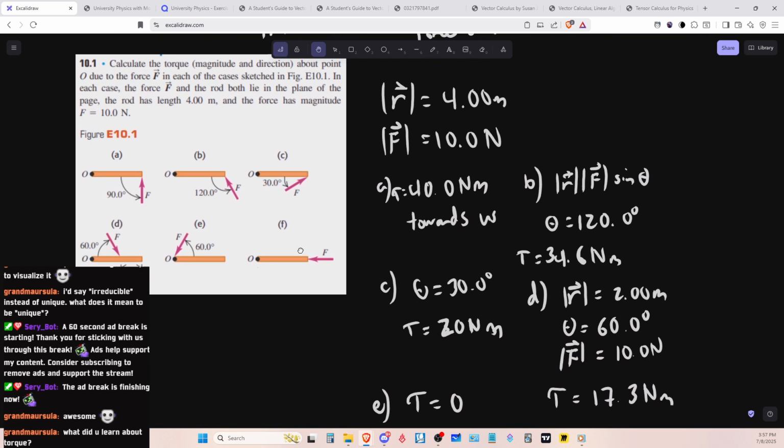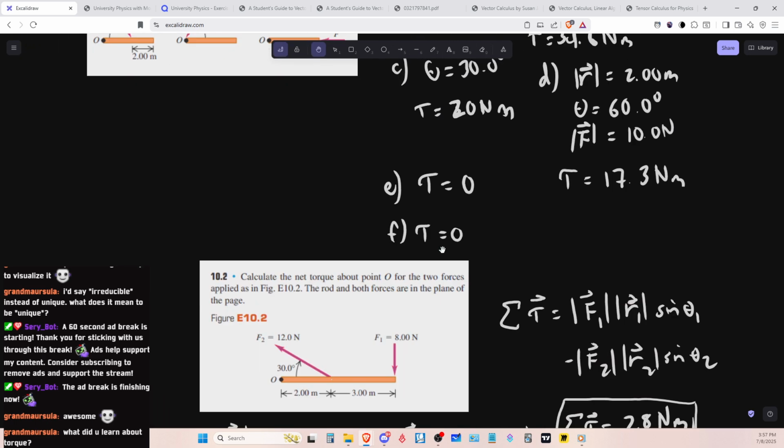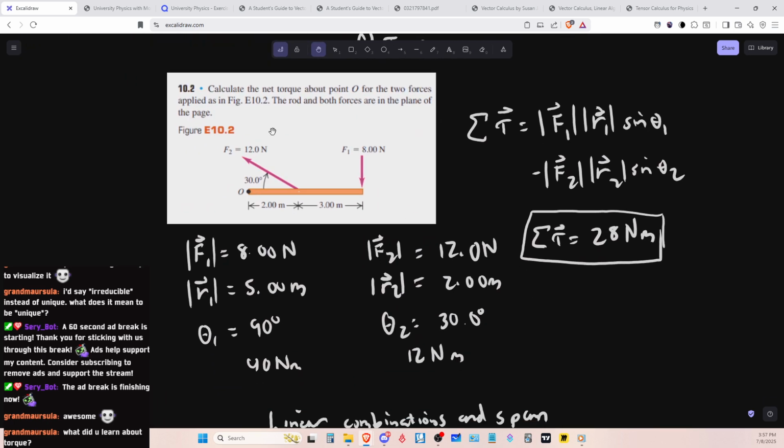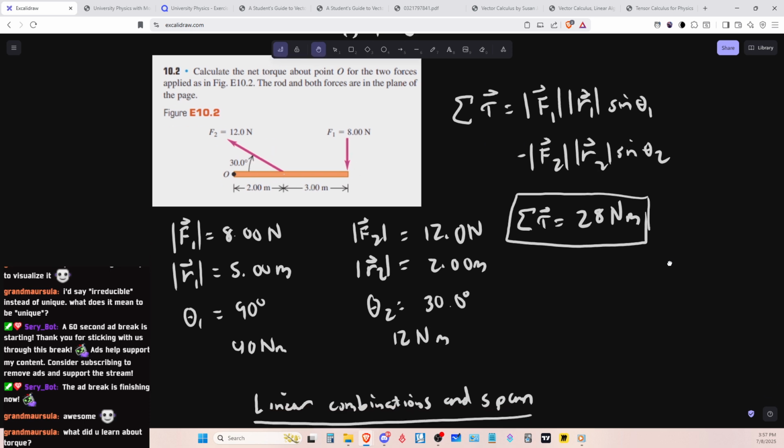Over here we applied what we learned and did some simple problems. Further on, I tried this problem, and it got me a little stumped at the beginning, because I was worried about this little point here. But then I thought, this force is going down and this force is going up. So the total torque is these different torques, and since they're going in different directions, you have to subtract them.